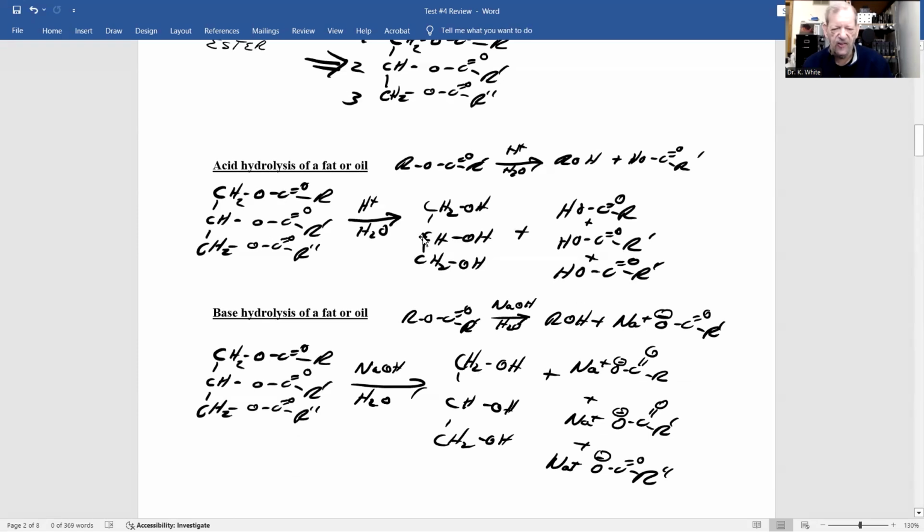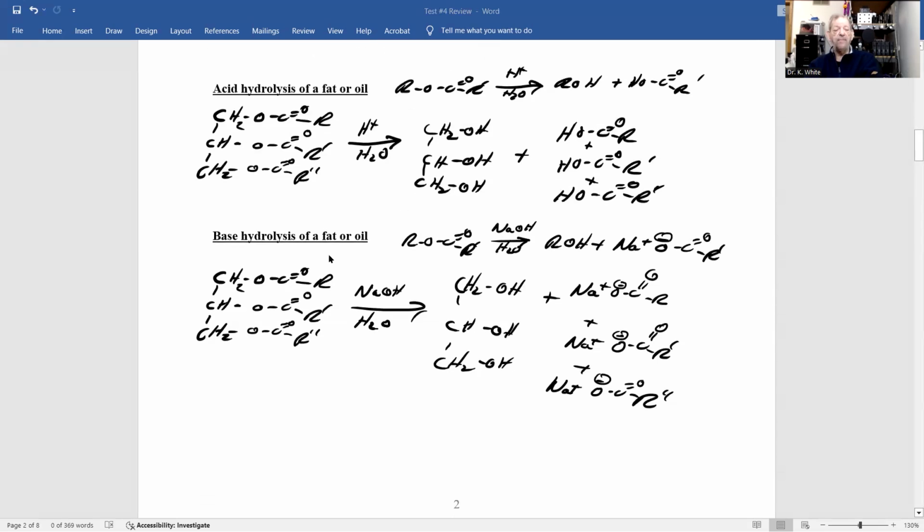The second ester gives this alcohol plus this carboxylic acid. And the third one gives this alcohol and this carboxylic acid. And this is called glycerin. I worked for a company for a number of years where I was laboratory manager, where by this reaction we made glycerin, and these carboxylic acids that come from fats and oils are called fatty acids.